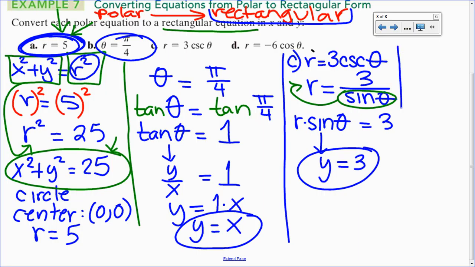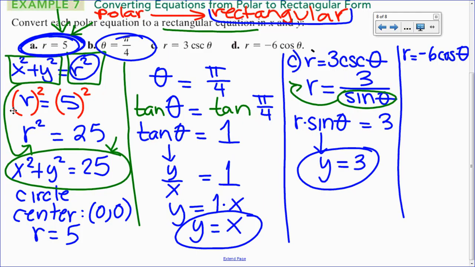Okay, and the very last one, which is r equals negative 6 cosine theta. Let's do something similar where we change, no, actually not. Let me see, what do we do here? Oh, okay. So we're going to multiply.